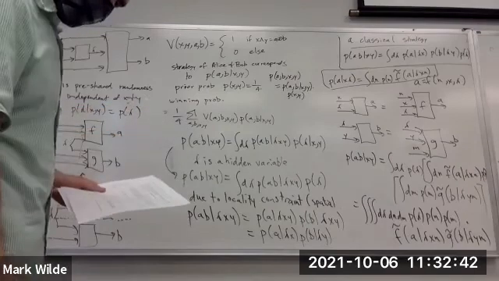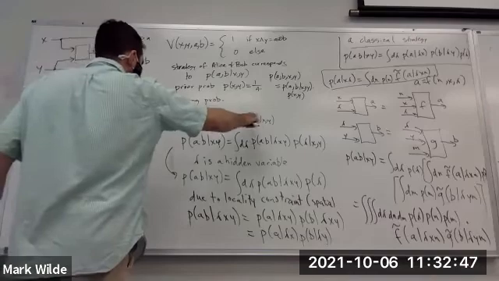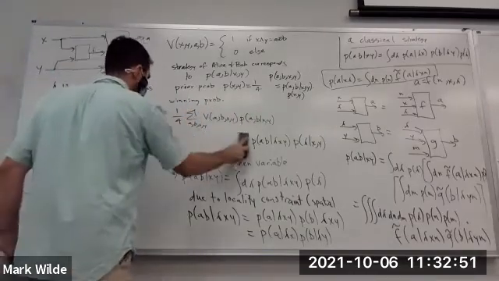All right, so let's go back to this, the objective function that we're trying to optimize, the winning probability. Let's return to this.